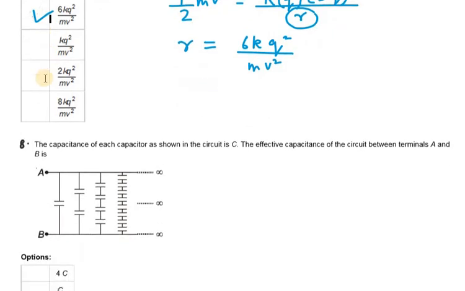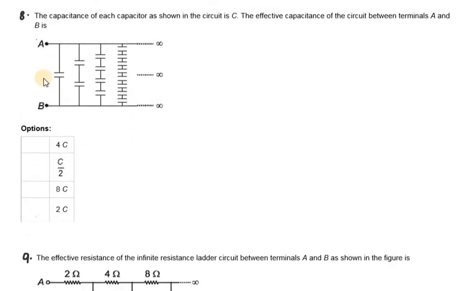Now moving on to question number 8. It says the capacitance of each capacitor as shown in the circuit is C. The effective capacitance of the circuit between terminal A and B is. So we need to find the C equivalent here. So now you can see they are in parallel. So in the first one we have C, in the second one we have C, C, then 4 C's, then infinite C's at the end.